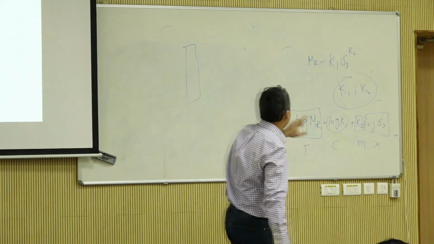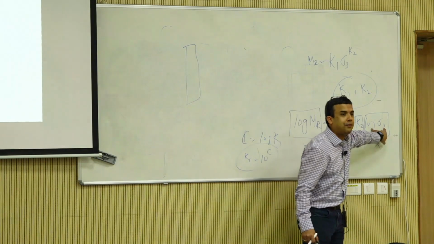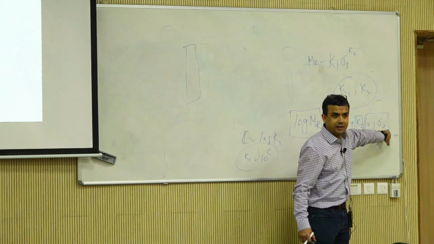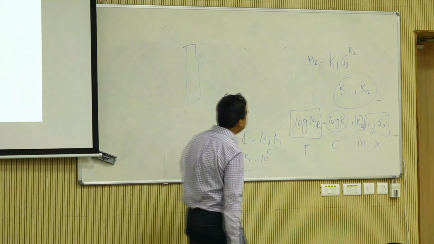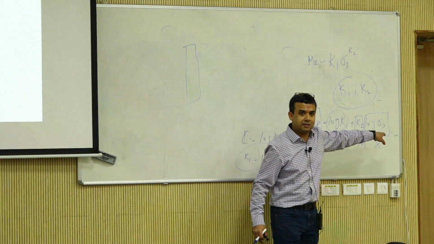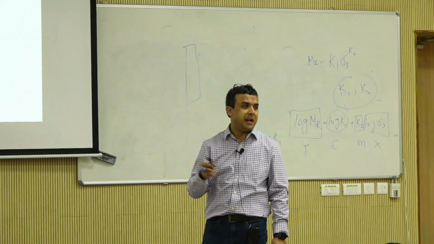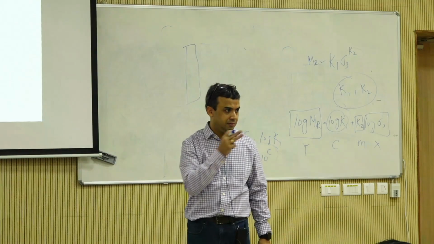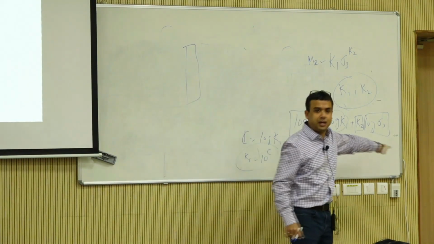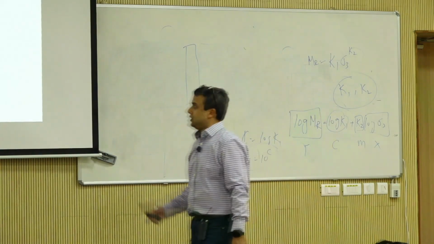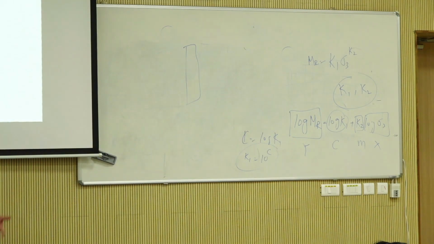So you plot log MR versus log of sigma 3, fit a straight line to it, and my model formulation says it should look something like this. Then I decode the model parameters, and we have K1 and K2.